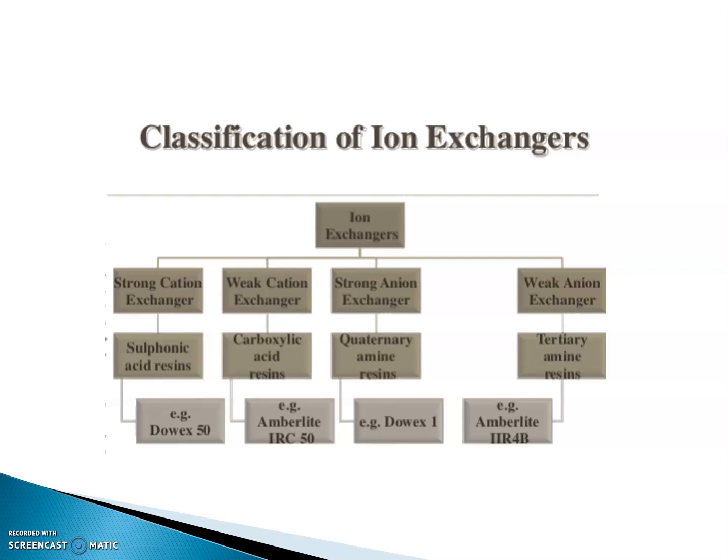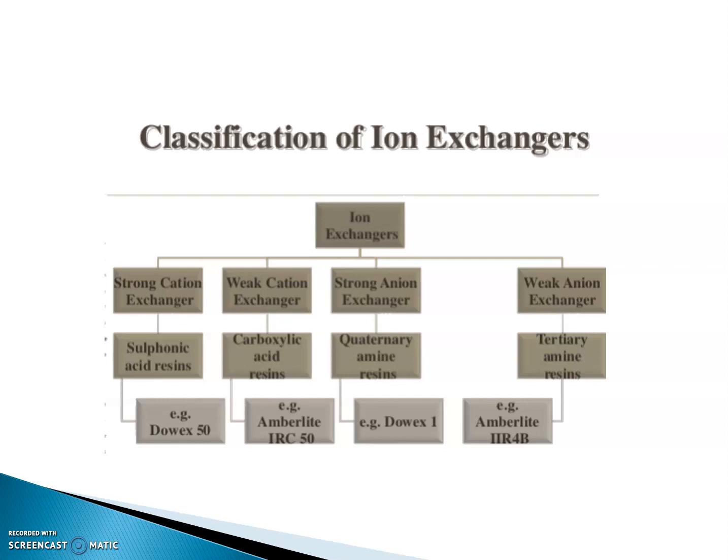And weak cation resins are carboxylic acid resins, that is nothing but COOH functional groups. Strong anion exchange resins are quaternary amine resins, where the nitrogen atom is surrounded by 4 alkyl or aryl units. And weak anion resins are tertiary amine resins, where the nitrogen atom is surrounded by 3 alkyl or aryl units.